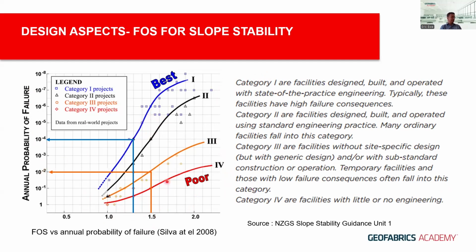In this particular case, a 1.3 factor of safety has a lower probability of failure, 10 to the power of minus 4 versus 10 to the power of minus 2, even though the other has a factor of safety of 1.5. And this is a source that I've obtained from the New Zealand Geotechnical Society, Slope Stability Guidance Unit 1. It's a good source of reference, basically.